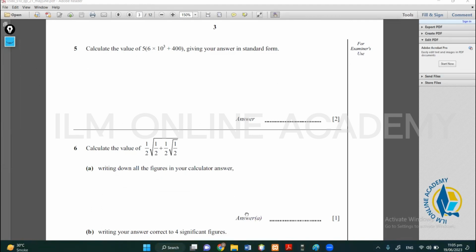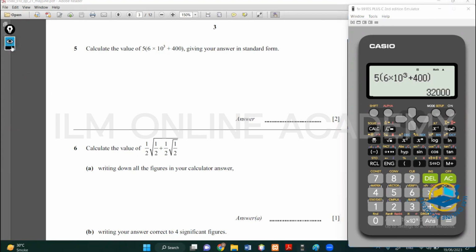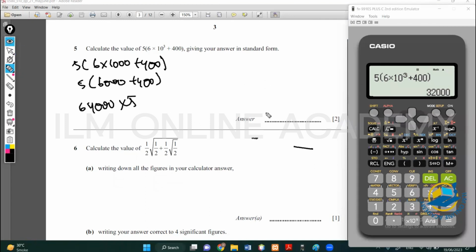So let's see through the calculator: 5 multiplied by 6 multiplied by 10 cube, then plus 400, and the answer is 32,000. So the answer is 32,000.